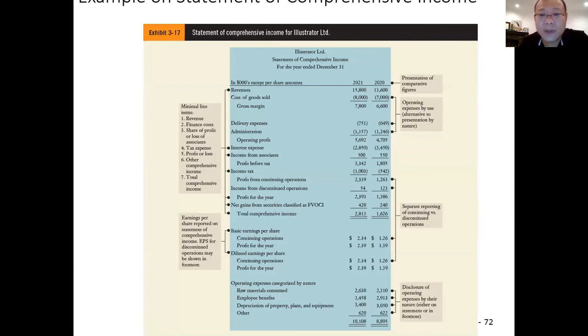Okay, so this is one example of the statement of comprehensive income. Very good. We have comparative figures, two years of comparative figures. The reason we have this comparison is that this information is relevant, right?